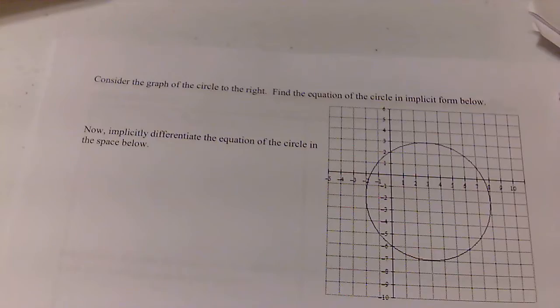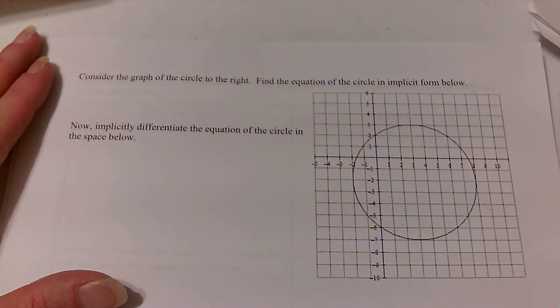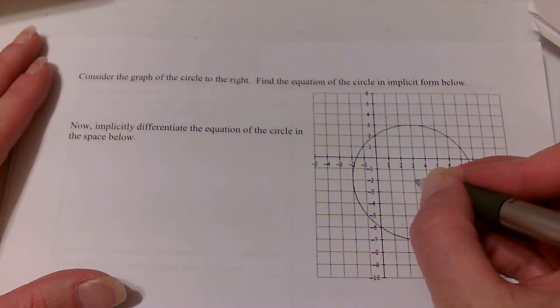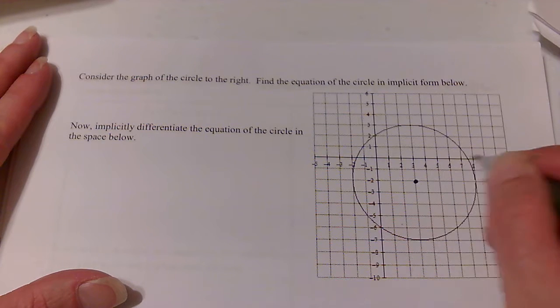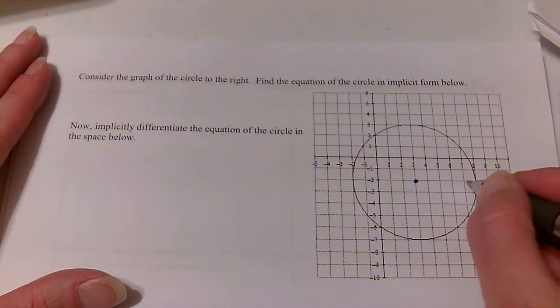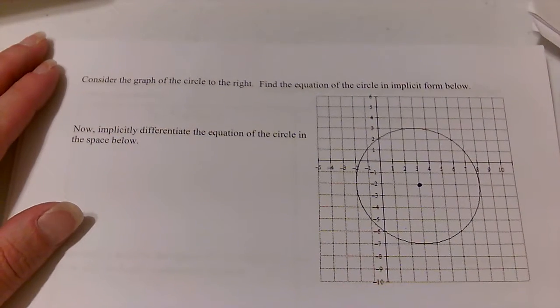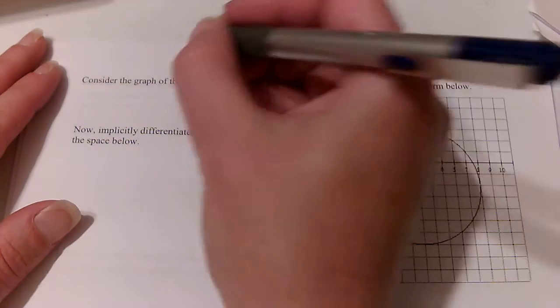So we're going to use the graph of a circle. Now, this circle has a center here and a radius of 1, 2, 3, 4, 5. So let's remember real quick how to find the equation of a circle.